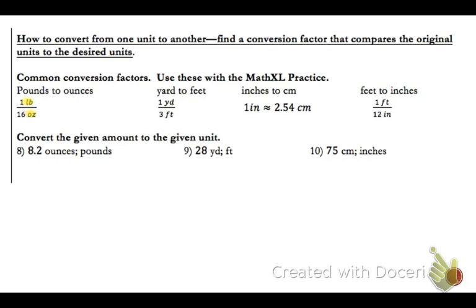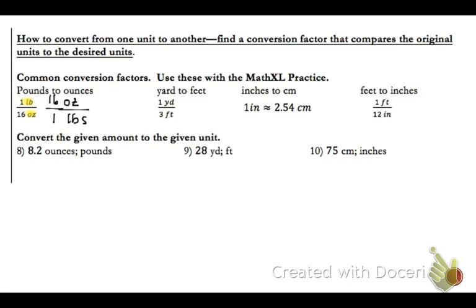We could write this a different way. We could write the conversion factor with ounces compared to pounds. We just do the same thing. We have our ounces as our numerator, pounds as our denominator, and then just put the corresponding amounts. So 16 ounces for 1 pound.